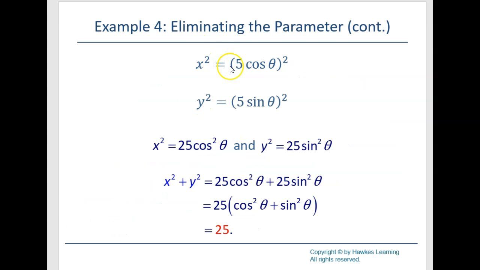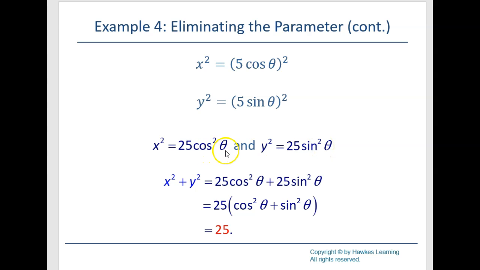So what I do in that case, when I see cosine and sine in there, it's very common to square these values for x and y. So x equals 5 cosine theta, y equals 5 sine theta. If I square those, I get x squared is 5 squared, which is 25, cosine squared theta, and then y squared would be 25 sine squared theta.